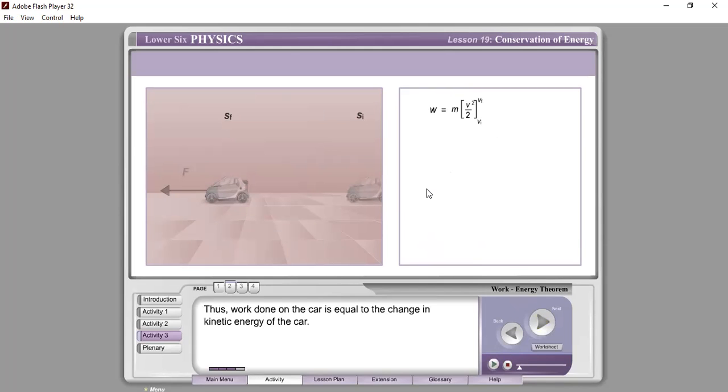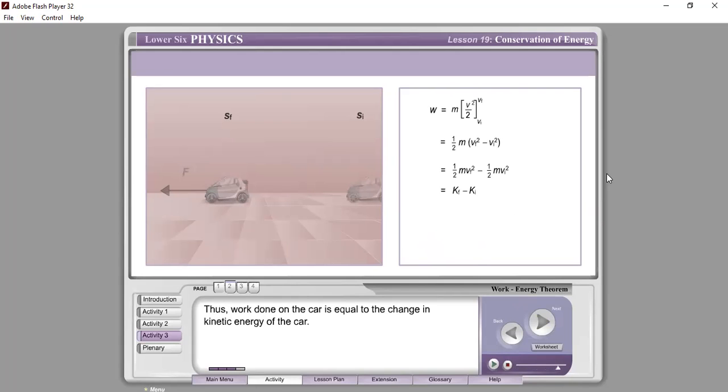So the work done equals m times v squared over 2 within limits vi and vf, which equals half m times vf squared minus vi squared, which equals half m vf squared minus half m vi squared, which equals Kf minus Ki.